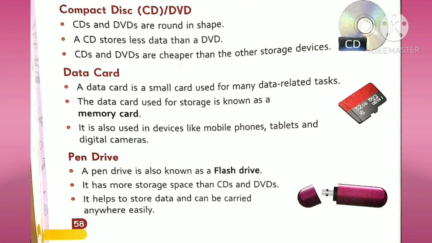That means a CD stores less information than the DVD, but they are the same in shape. A CD stores less information, but a DVD stores more information than the CD.